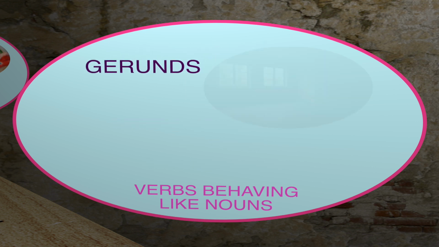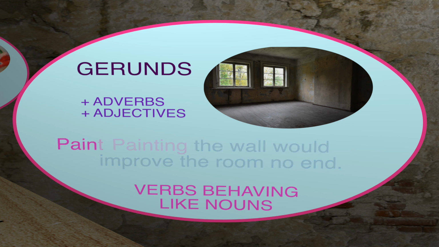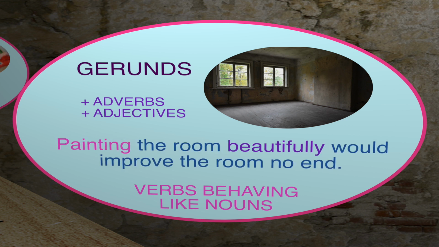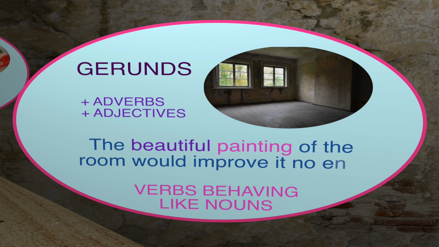For example, painting the wall would improve the room no end. And they can be described by adverbs or adjectives depending on the context. Painting the room beautifully would improve the room no end. The beautiful painting of the room would improve it no end.